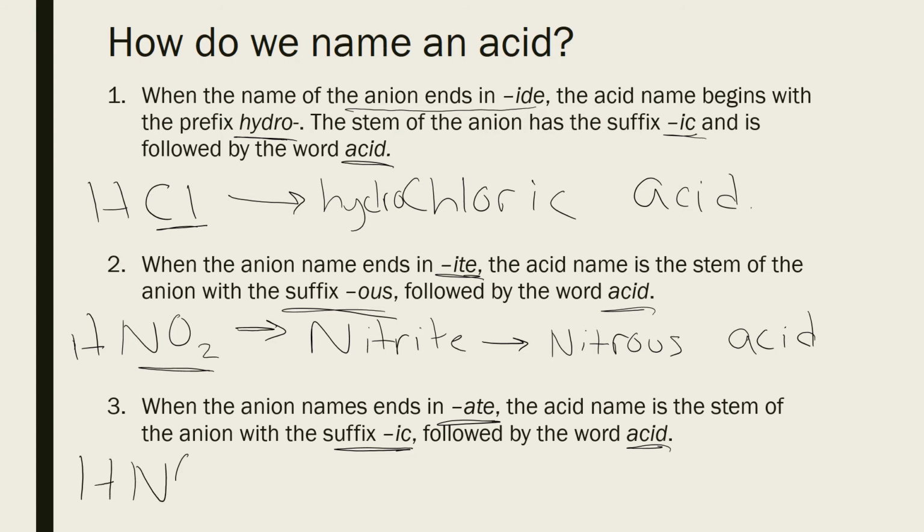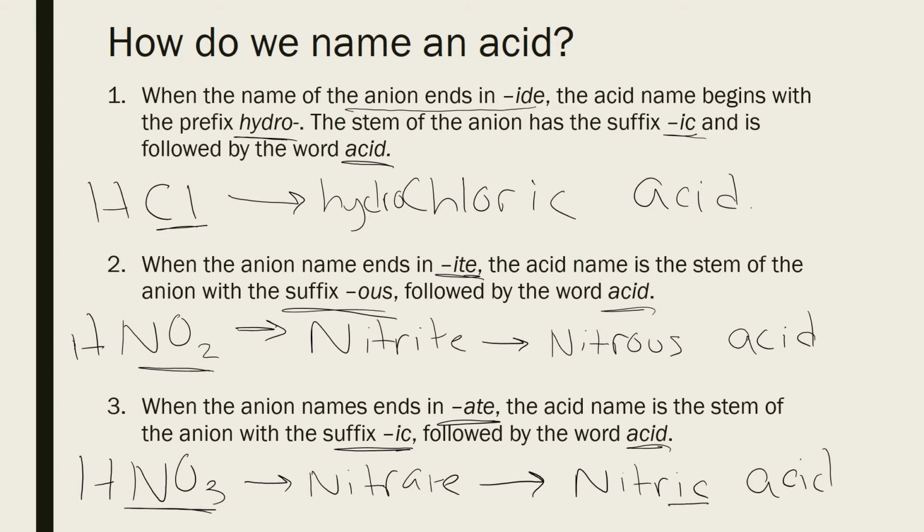So if you had HNO3, nitrate is NO3. And we change it to nitric acid. And again, no hydro is needed because it's a polyatomic ion.